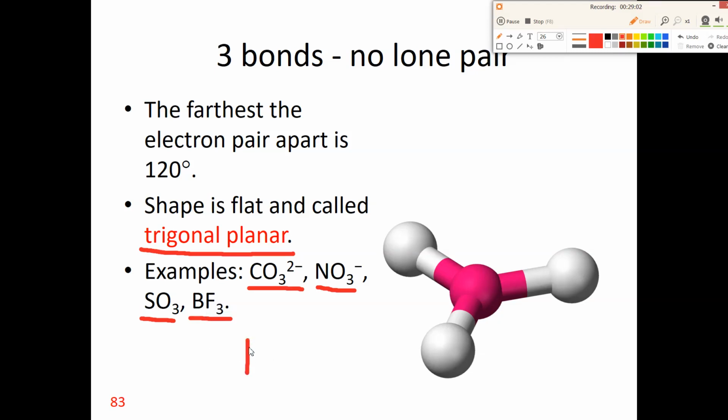Like BF3, you have B and F. On the central atom, there are no lone pair electrons. With three terminal atoms and no lone pair on the center, it's going to take a trigonal planar structure and shape.